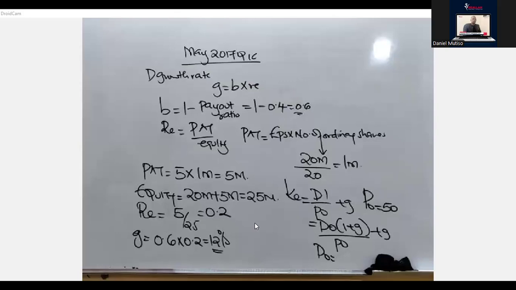Using the Gordon's dividend growth model, you can determine the cost of the ordinary share capital. We are being told up there the most recent earnings. You look at something there. 1.12. Okay.